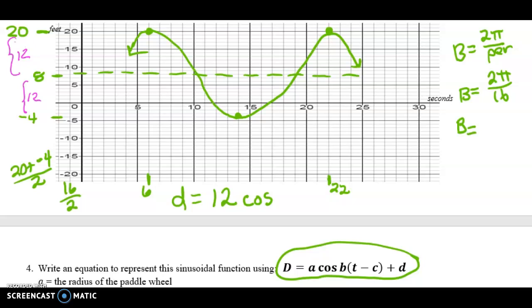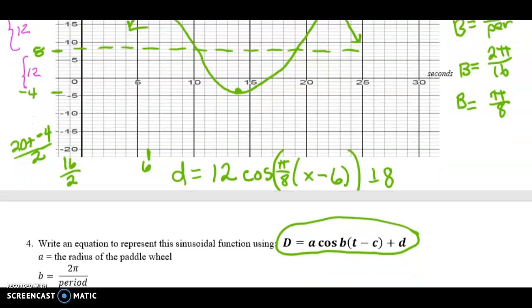We always reduce. B equals pi over 8. So we'll have pi over 8. And we really should have a parenthesis after the word cosine. And now our phase shift, x - 6, because our graph shifted to the right 6. And our vertical shift is always where our new midline is. So our midline is up 8.